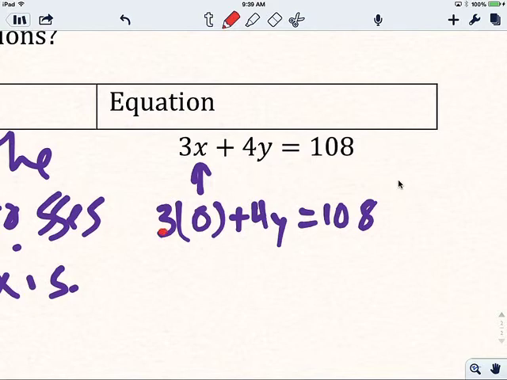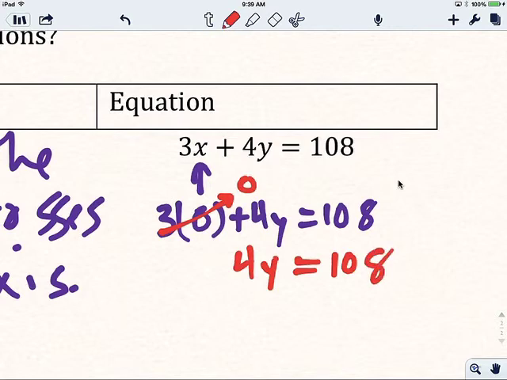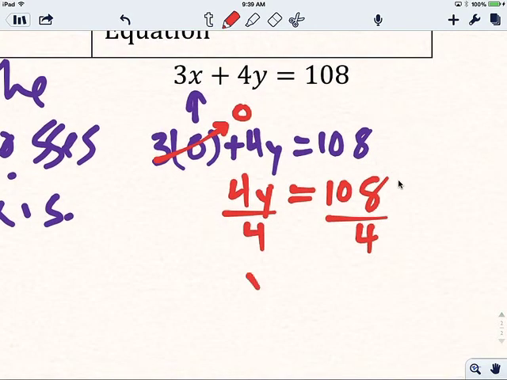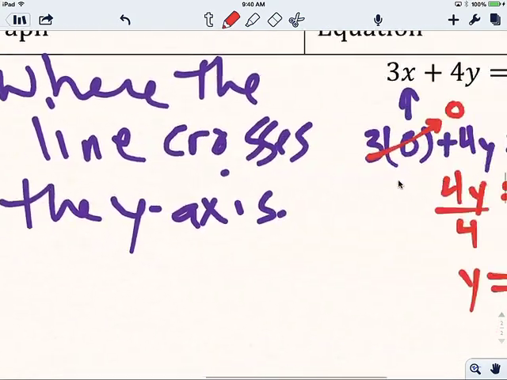So 3 times 0 is 0. So I just get 4y equals 108. And so 108, I'll divide by 4 in order to find my y value. And so my y-intercept there is 27, because 108 divided by 4 is 27.